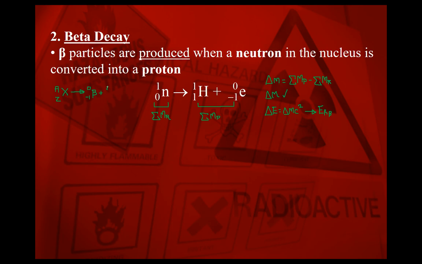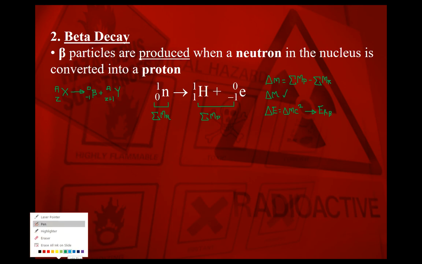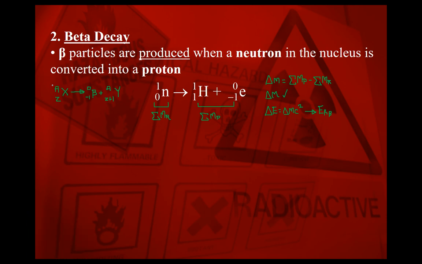Your nucleon number wouldn't change, you'd still have A. The Z would actually be Z plus 1, because Z plus 1 plus a -1 would just give you Z, and that would give me element Y. So this would be your parent. This is the electron. And this is the daughter.